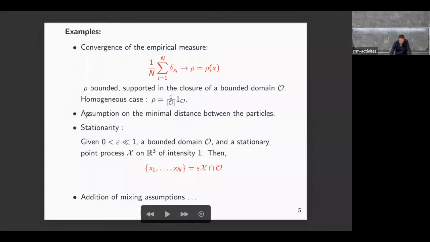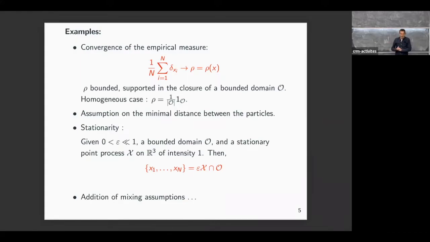There is another one, which is an assumption on the minimal distance between the particles. So this is obviously the kind of assumption that probabilists hate, but you will see it appearing in this talk. Another kind of assumption that can be made is stationarity, in the following sense.